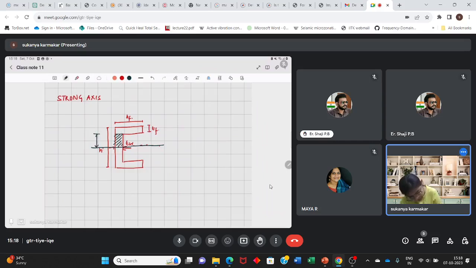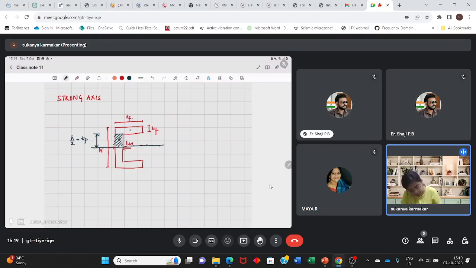The height of this area will be h divided by 2, that is the upper half, minus tf. I hope this is clear. And where will the centroid of this portion lie? That will be h by 2 minus tf divided by 2.